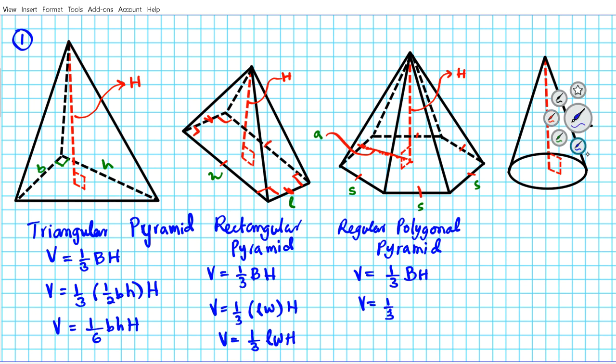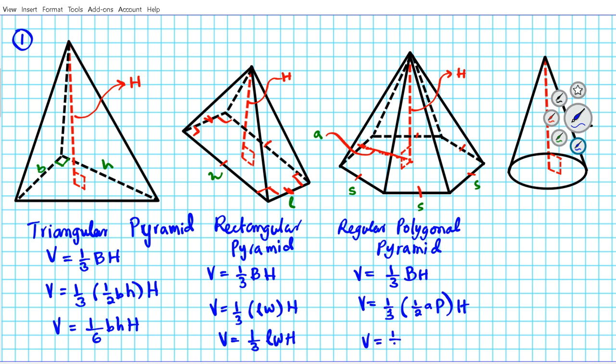So the area of the base is going to be 1/2 the apothem A times the perimeter P of the base, the distance around the base, multiplied by the height of the pyramid, or the altitude of the pyramid H. You can simplify this a little bit further. Just multiply it out.